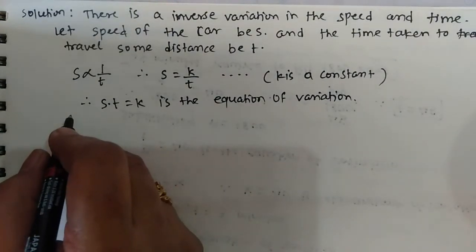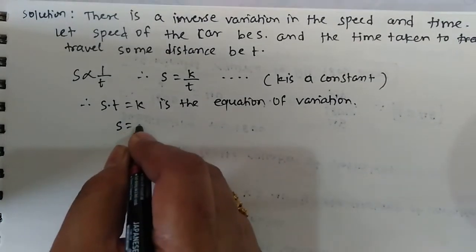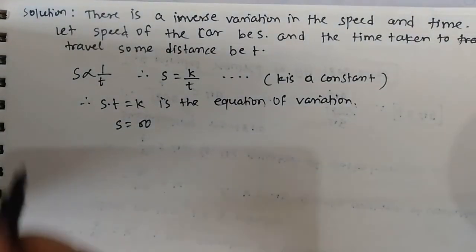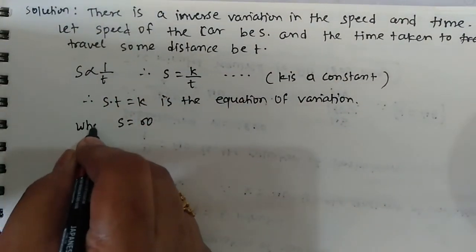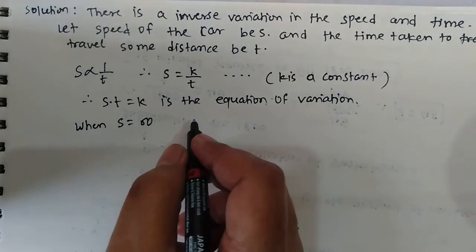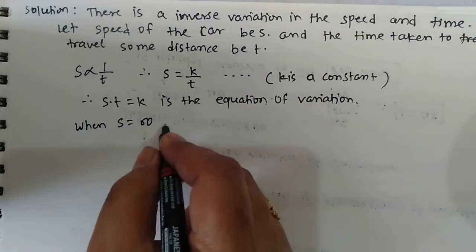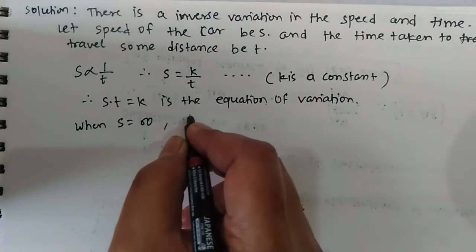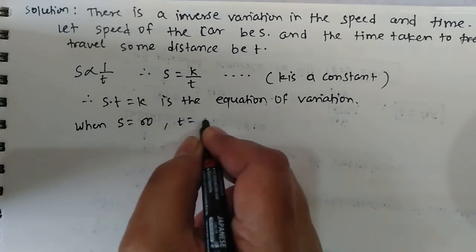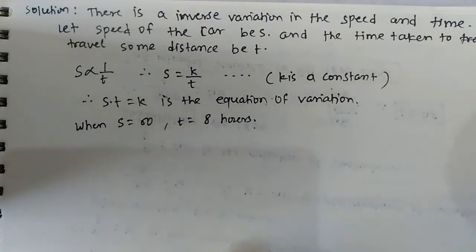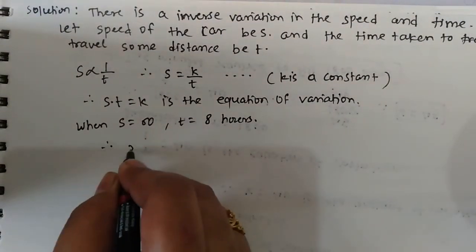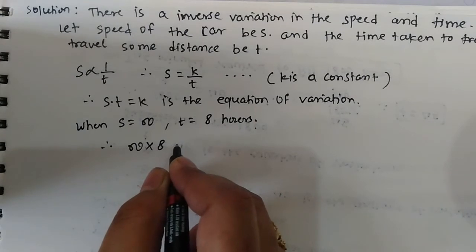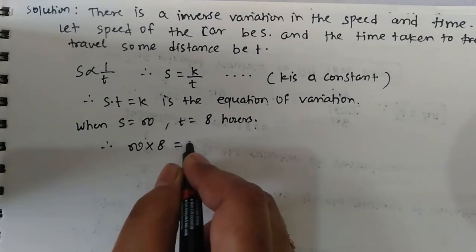So see the question. A car with speed 60 km per hour means s is equal to 60. When s is equal to 60, then it takes 8 hours, meaning t is equal to 8 hours. Now put these values in the above equation. Therefore 60 multiplied by 8 is equal to k.